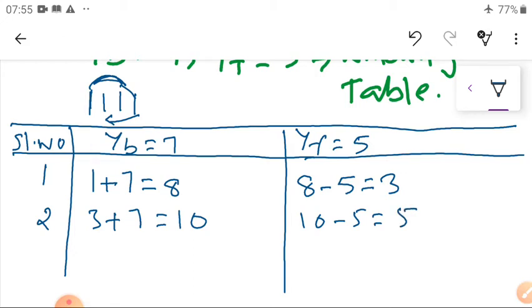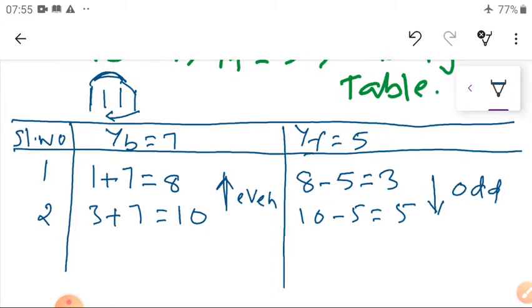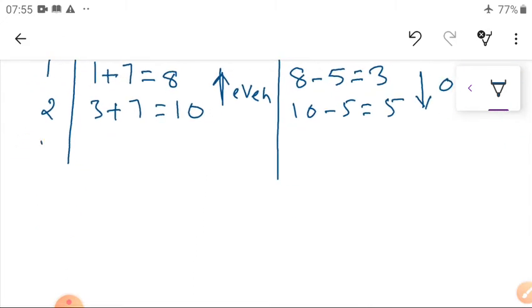We can see 8, 10 are increasing, and these values also increase, but one side is odd and the other should be even, remember. Similarly, 5 plus 7 is equal to 12, 12 minus 5 is equal to 7.